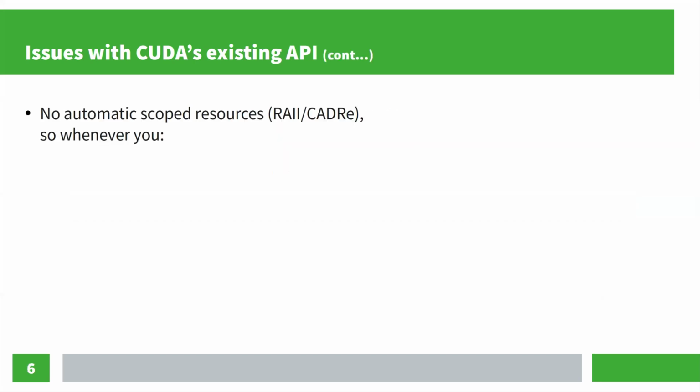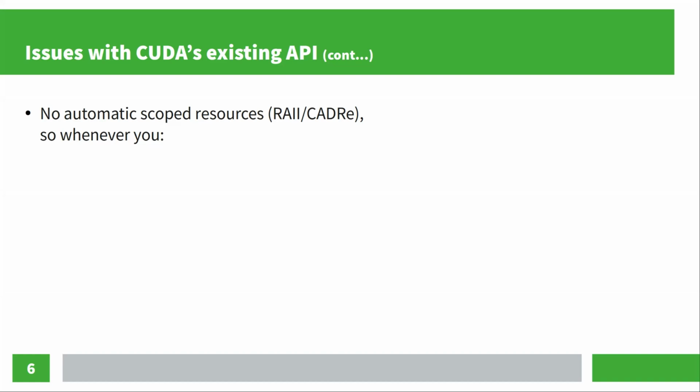And another thing that has to do with both convenience and safety has to do with resource allocation. In C++, there's this concept called RAII, resource allocation is initialization. Some people know it as constructor allocates and destructor releases.